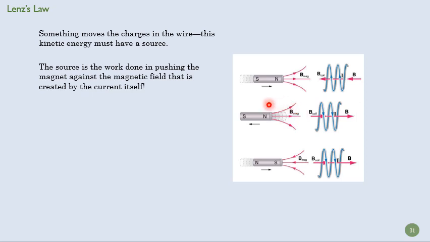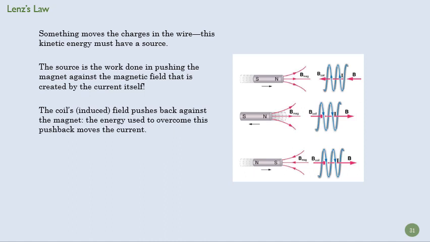Similarly, if I move this to the left away from the loop, I'm reducing the amount of flux through the loop, and the induced current is going to try to create some flux that balances that. So the coil's induced field pushes back against the magnet. And that's actually what's moving your current. That's really strange. We'll try to talk through that in class because it kind of hurts your head to think about it.